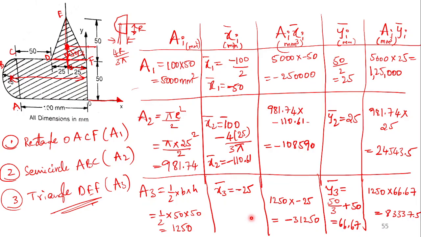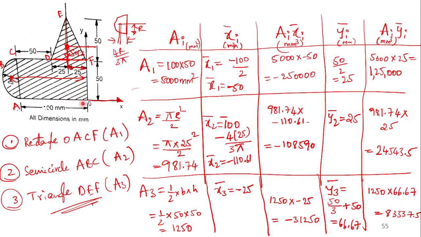So once you get all of these things done, add them up. Here 3 areas are there, so all the 3 areas you will be adding up, and 3 multiplications, you are going to add up these 3. Like I have mentioned, since x bar here is negative, you are going to get the x bar value in the form of negative. That's it, nothing else.